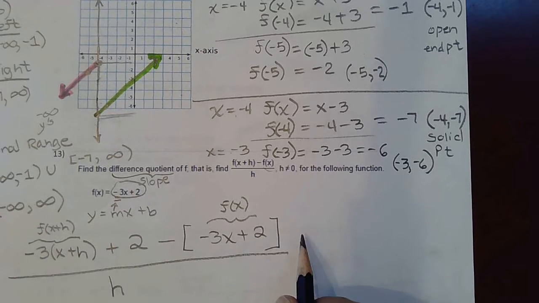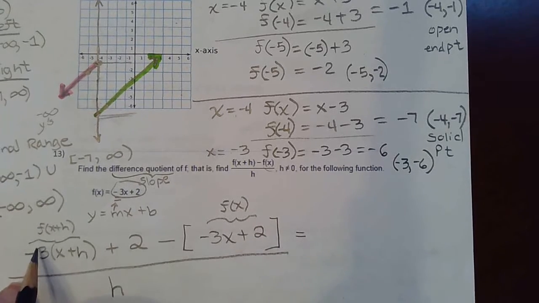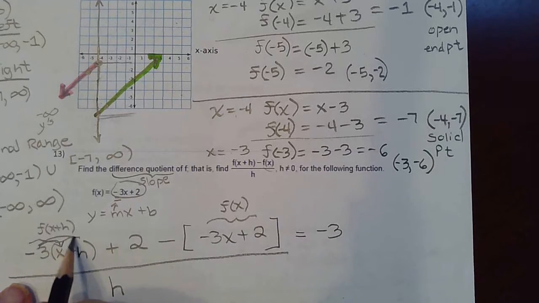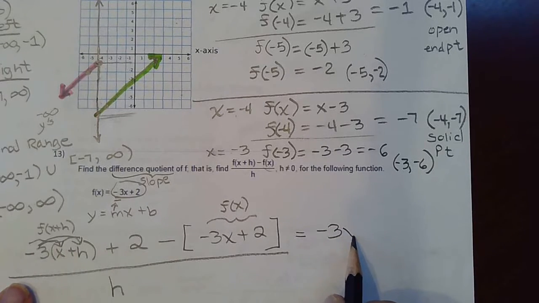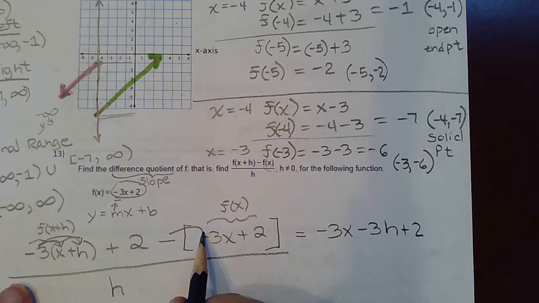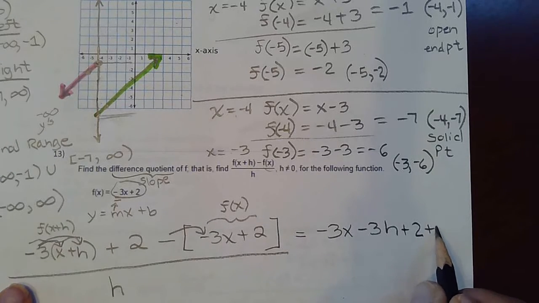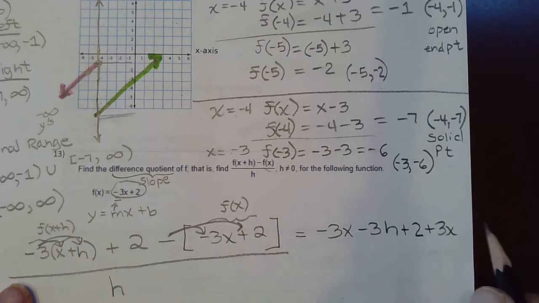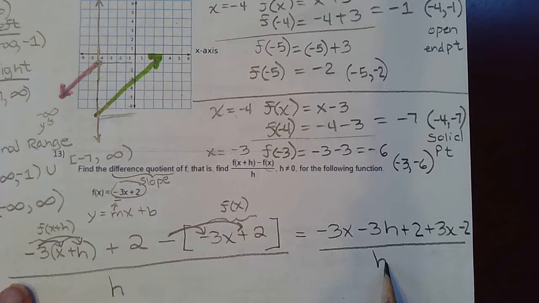Okay, so let's get this worked out on the top. It's -3 times x, then -3 times h, then plus 2, then opposite of -3x, positive 3x, opposite of positive 2, -2, and that's all of your top over h.